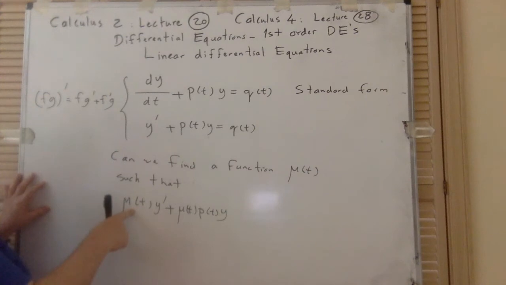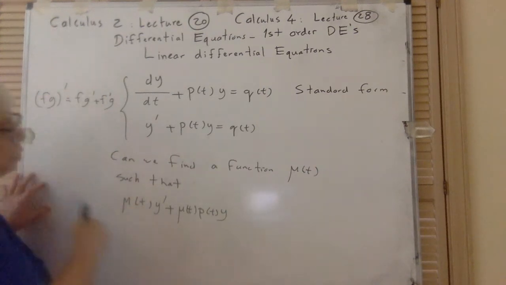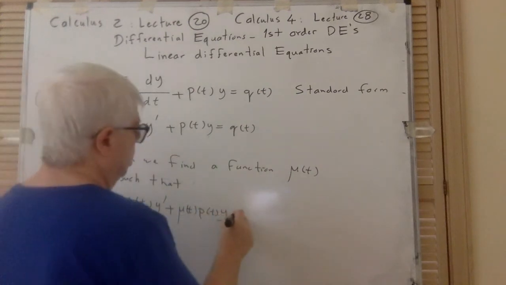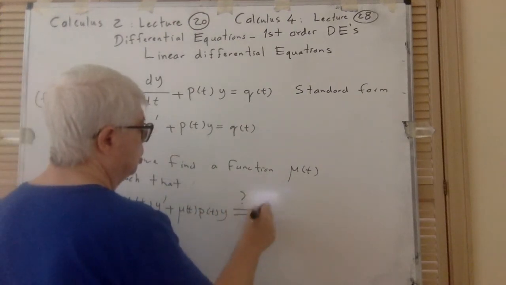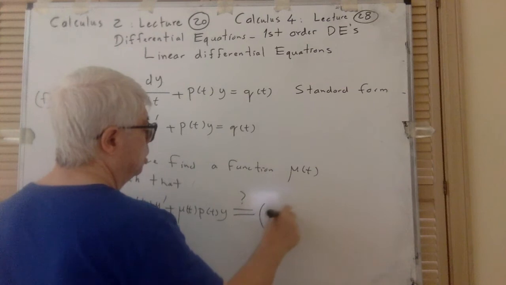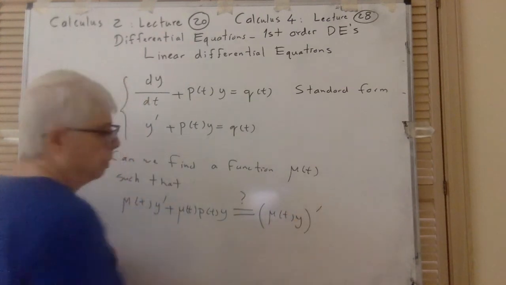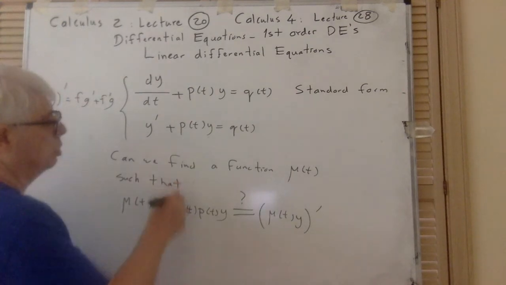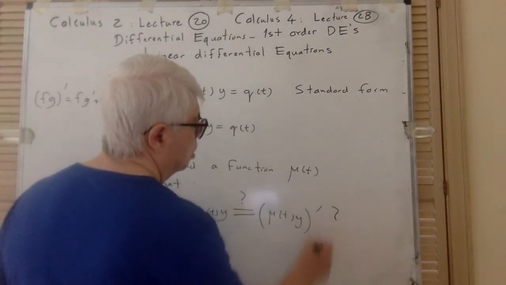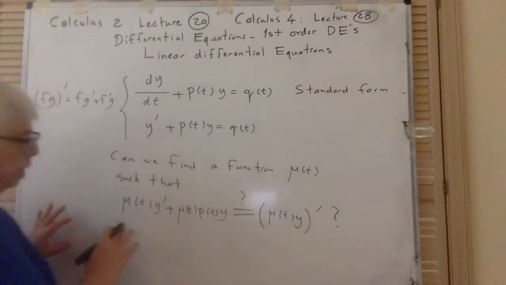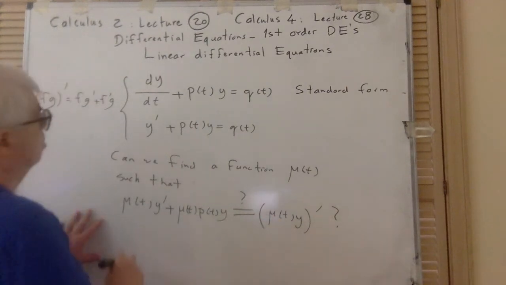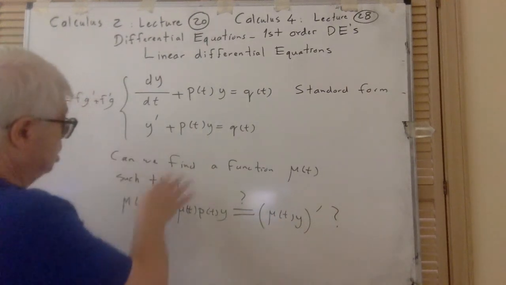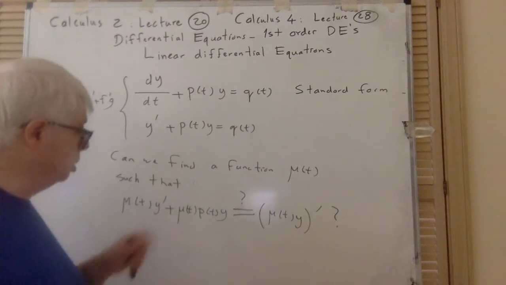So I'm saying that this mu(t) is like this function f. Can I find a function such that this becomes (mu(t) y) prime? Question mark. Okay, let me erase this and write it here.